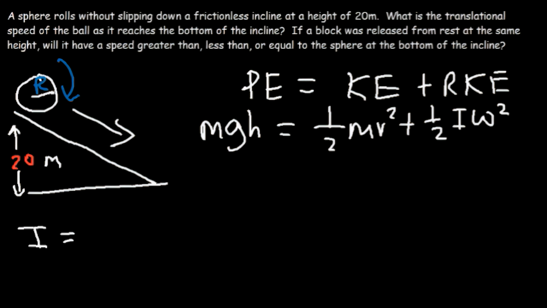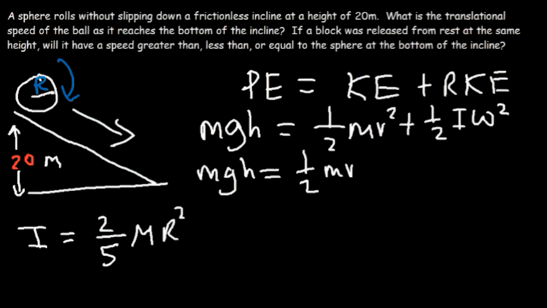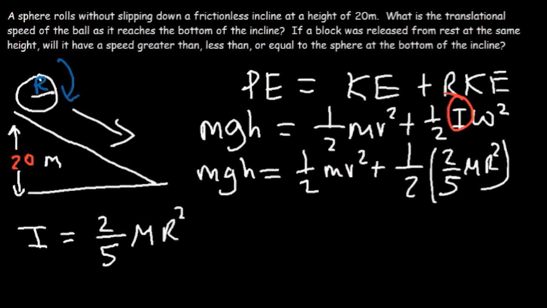If you look into your textbook, it's 2/5 mr squared. So let's replace I, the inertia, with 2/5 mr squared. And let's not forget omega squared.